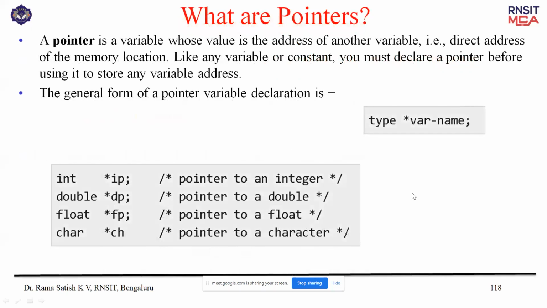Now, how to create a pointer? We can create a pointer by specifying the data type: integer pointer, double pointer, float pointer or character pointer. You just specify the data type and use the indirection operator in front of the variable name. That's it.